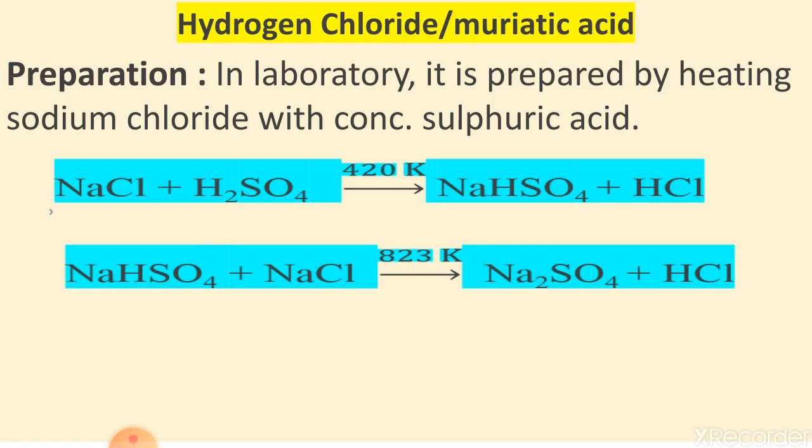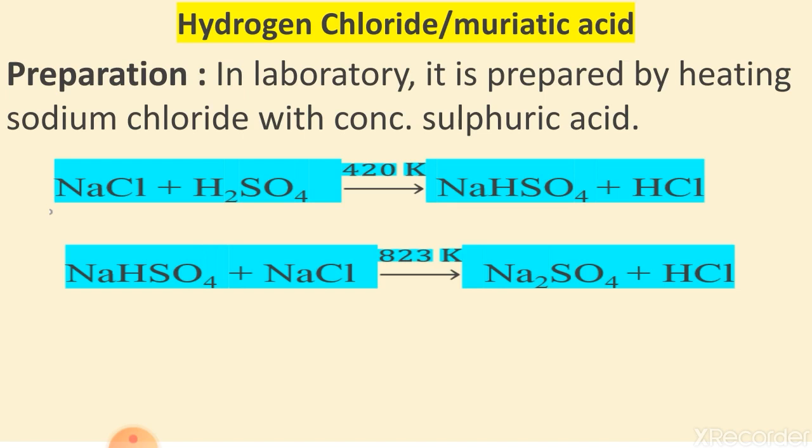The first stage of the reaction was carried out at about 420 Kelvin, or you can say 150 degrees centigrade. Then the solid NaCl reacted with H2SO4 and became coated with insoluble NaHSO4. This prevents further reaction and accounts for the name salt cake.